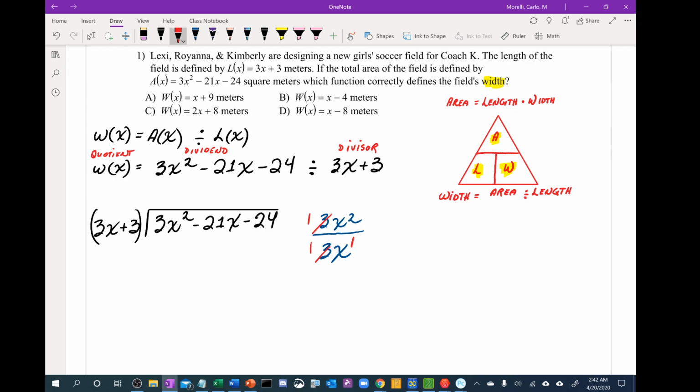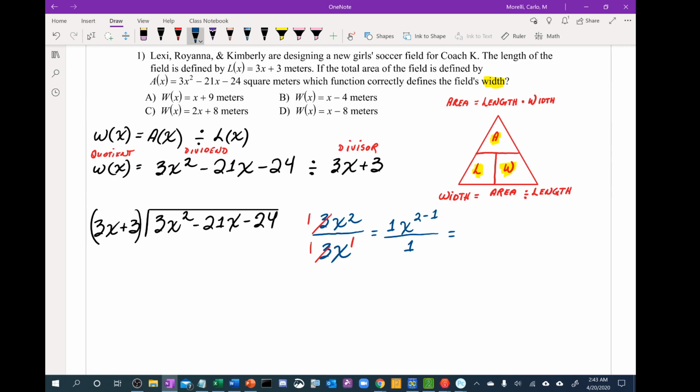Okay, so just remember, when the bases are the same, you subtract the exponents when you're dividing them. That's the quotient rule. Okay, so this equals 1 x to the 2 minus 1. That's where I'm getting these here. 1x to the 2 minus 1 over 1.